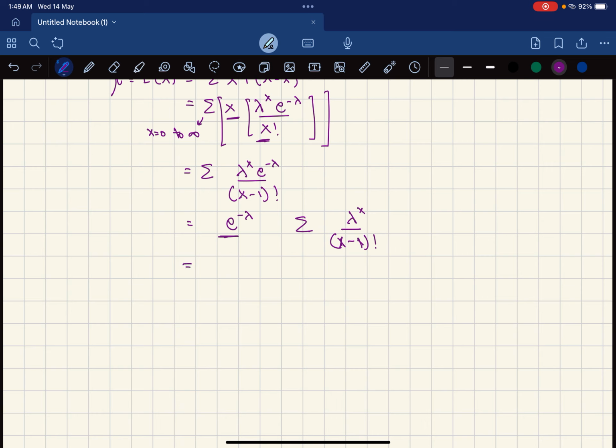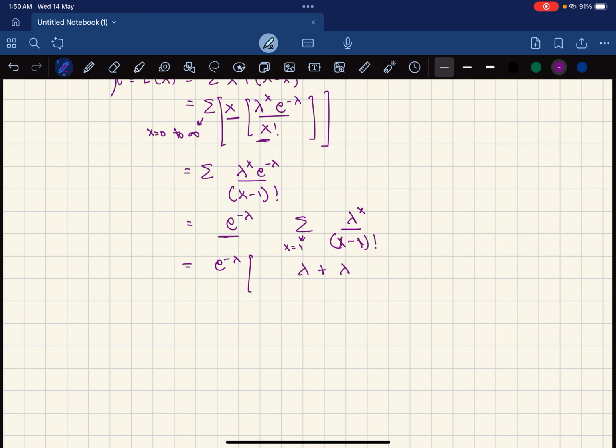Now if we start putting values here for x from 0 to infinity, 0 minus 1 factorial is not defined, so this will only start from x equal to 1, and therefore the first term would be lambda, and 1 minus 1 factorial, 0 factorial, is always 1.